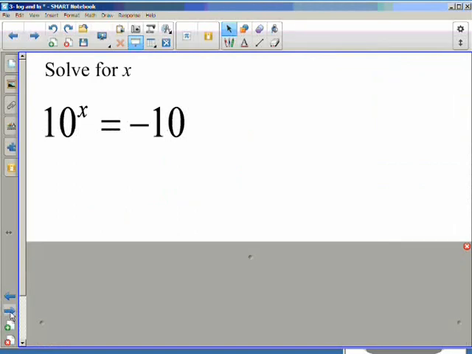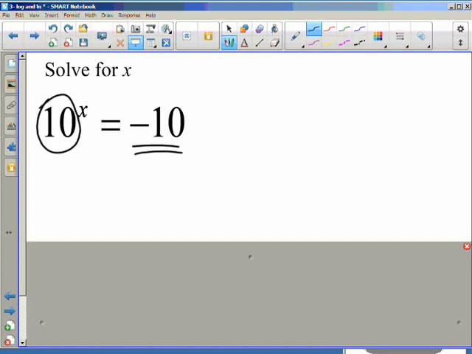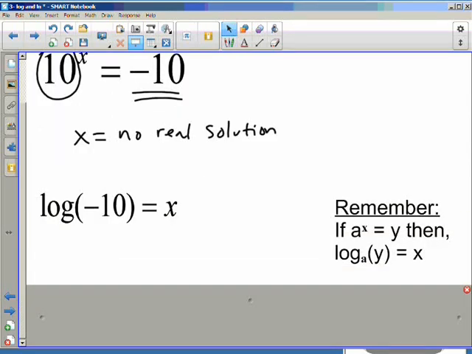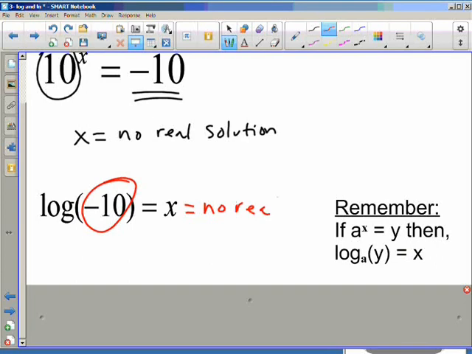This is going to be a little bit tricky. Here we're saying 10 raised to what power gives us a negative value? The answer is no real solution exists for this. Now, likewise, to find the log of a negative value, your answer will be no real solution or no solution.